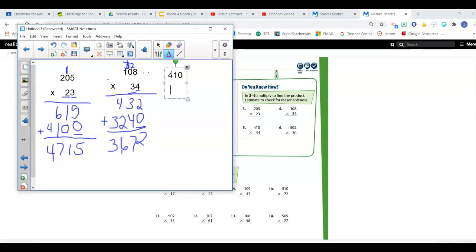Same thing goes for 410 times 44. I kind of like it when there's doubles. I don't know if any of you have noticed this in multiplication, but it's nice when they use the same number because it's going to be the same answers, just shifted over a spot. And I'll show you what I mean by that. 4 times 0 is 0. 4 times 1 is 4. 4 times 4 is 16.